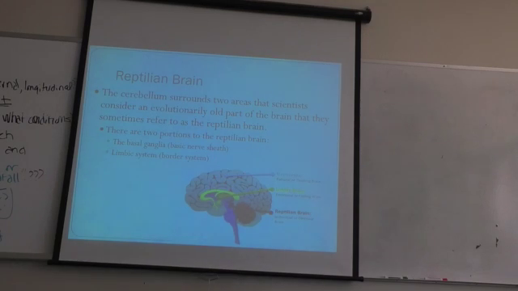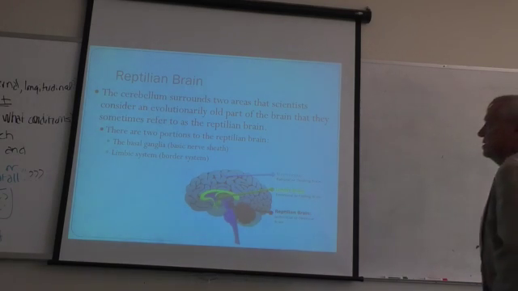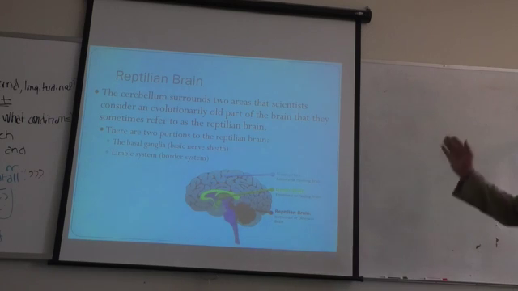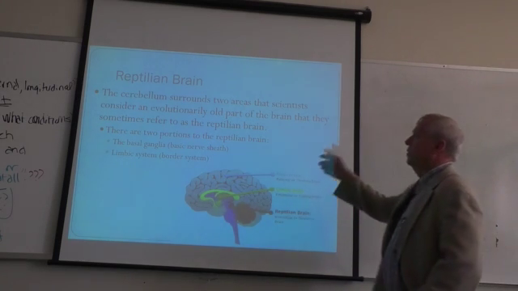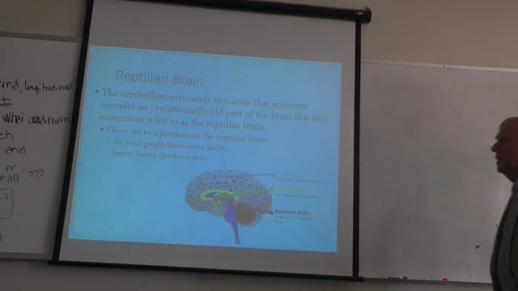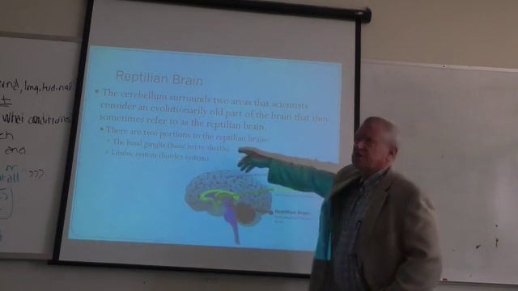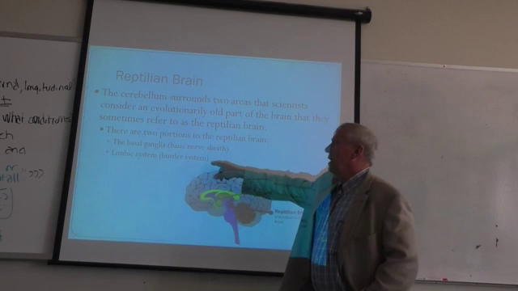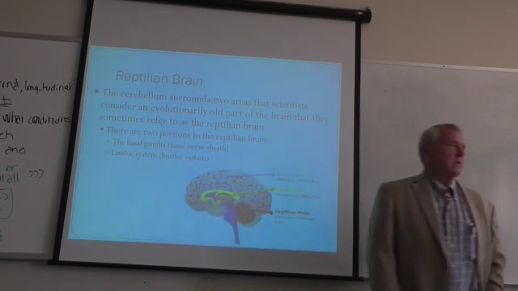The cerebellum surrounds two areas that scientists consider an evolutionarily old part of the brain that they sometimes refer to as the reptilian brain. There are two portions of the reptilian brain, the basal ganglia and the limbic system. Basal ganglia means basic nerve sheath, as odd as that may seem, and limbic means the border system.